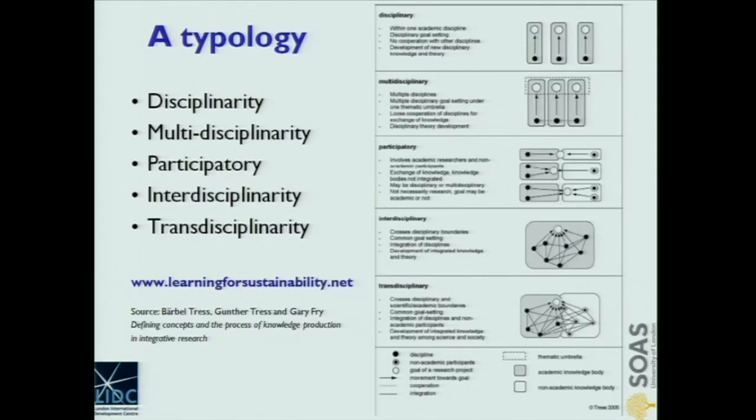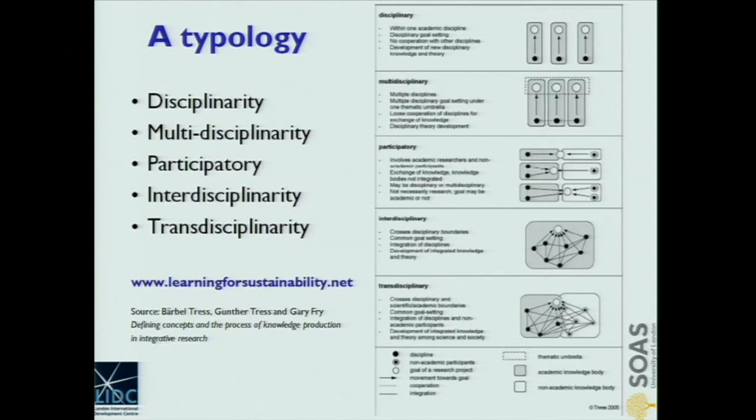This is my favorite typology of the different types of trans-, inter-, multi-, cross-disciplinarity. It comes in five types. This is taken from a publication on land use planning. The crucial things in this diagram are two things: who defines the problem that research is addressing, and who is involved in addressing it?